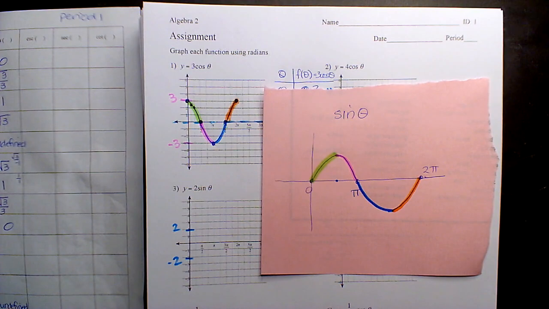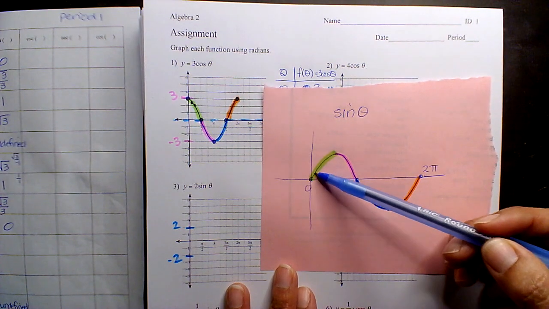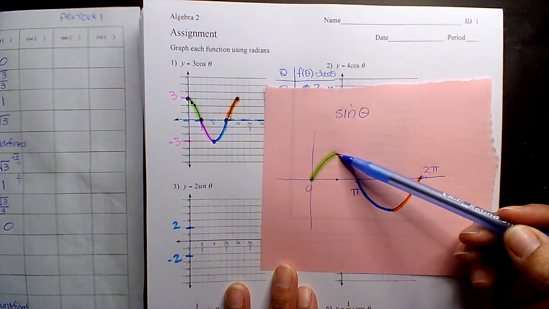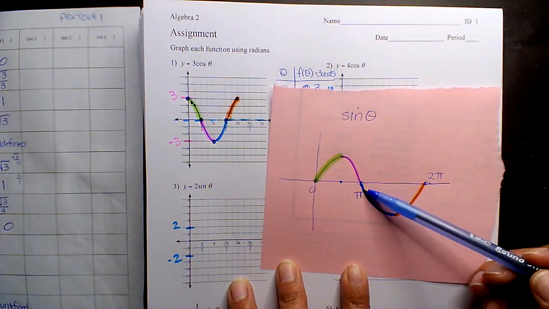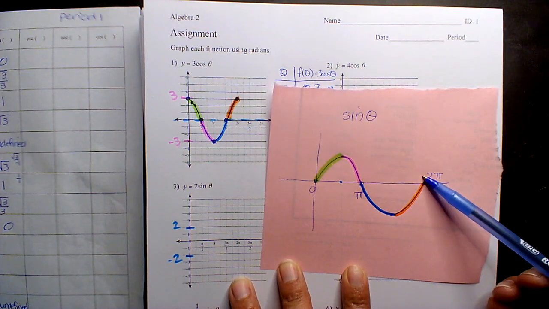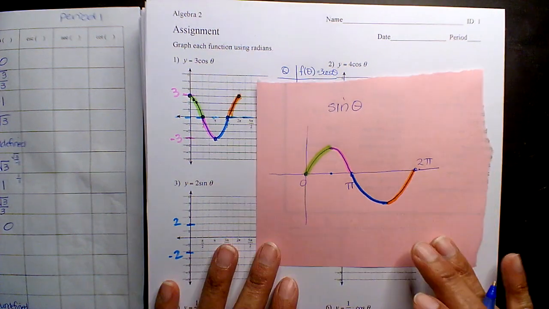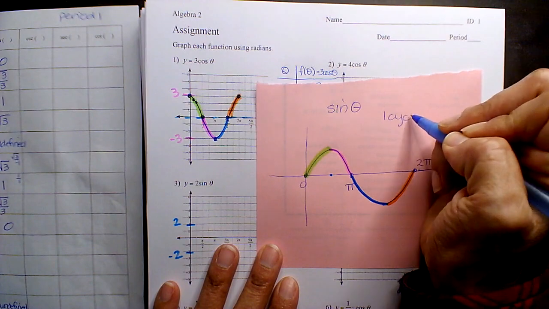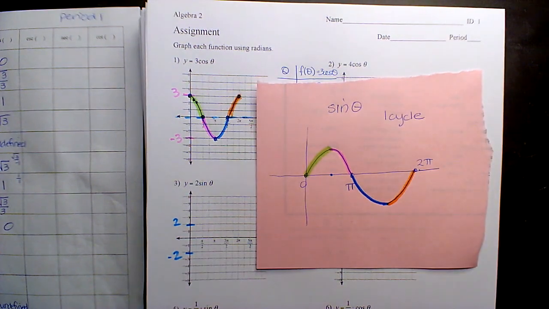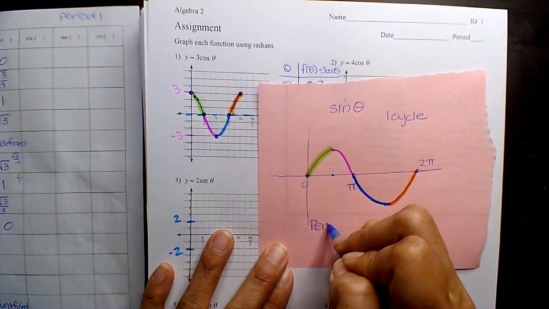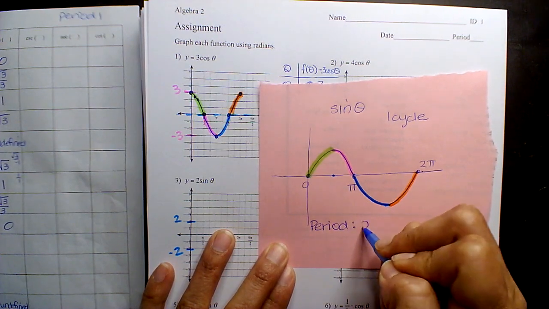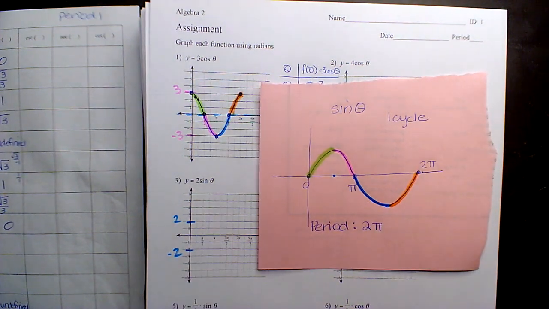Your unit circle, your quadrants, this is 0 to 90 degrees, quadrant 1. This is quadrant 2, 90 to 180, 180 to 270, 270 to 360. These are your 4 quadrants, so that is called one cycle. So if you're able to go from 0 to 2 pi, that is one cycle. Now, we'll eventually talk about a phase shift. Well, we're going to talk about period today. So your period is 2 pi because it's very, very standard.